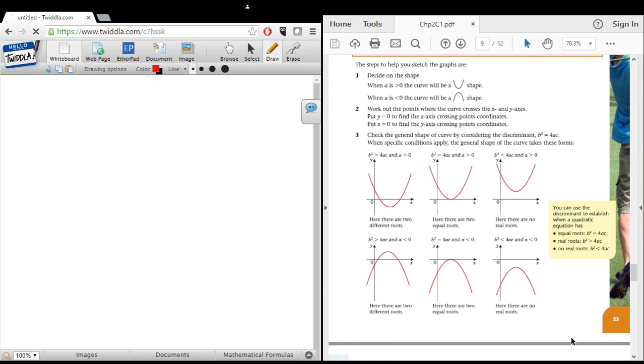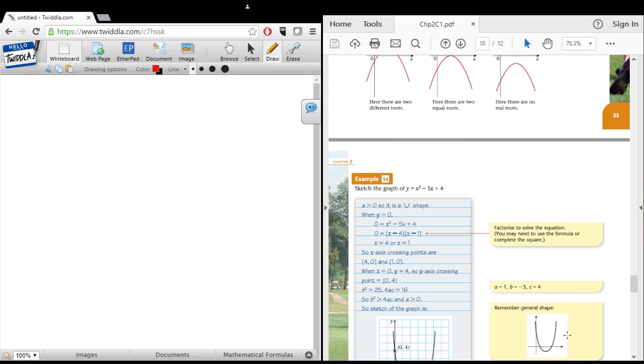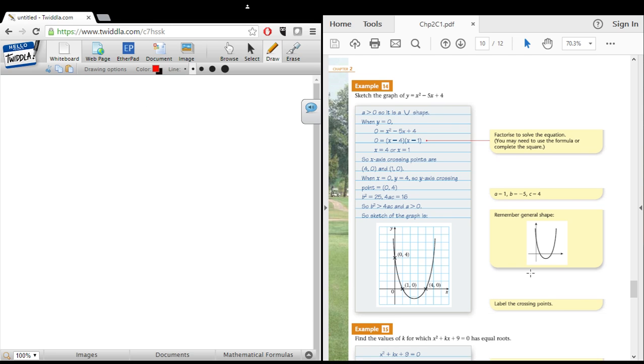So let's go down to an example. You can see they've got example 14, and let's go through the steps again. The first step they've done is identify a. Is it less than 0, or is a greater than 0? It doesn't have to be less than 0 first.